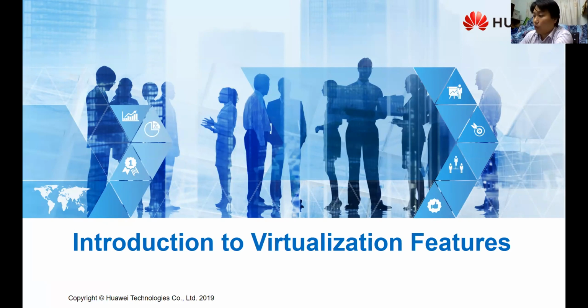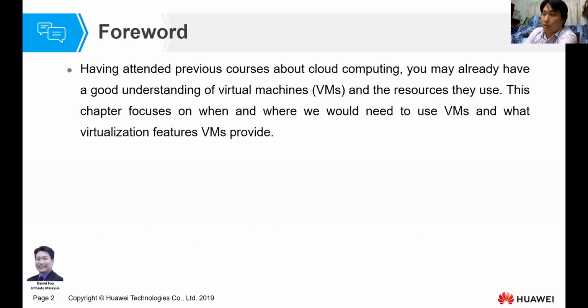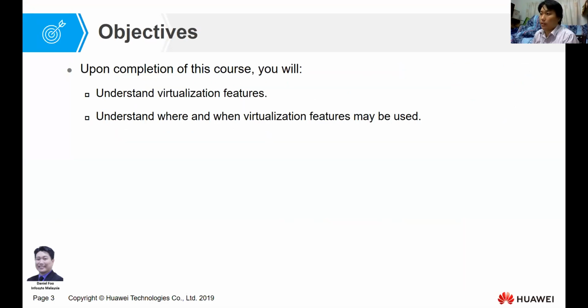Introduction to the virtualization features. For this topic, we'll focus on the virtual machine and the resources that they use, and also some of the functionality that we actually did in the lab demo yesterday. Here we will understand the theory part of it, how the platform actually provides your virtual machine, connecting from one node to another and things like this.